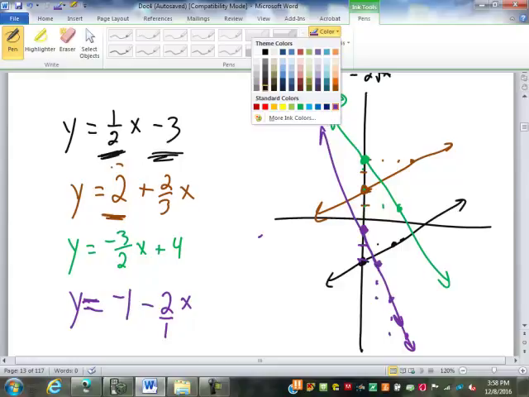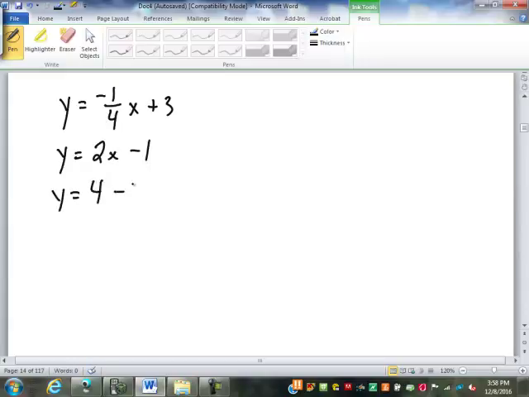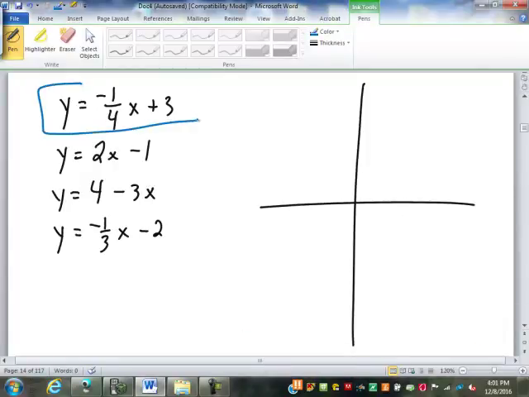So I want you guys to try some in your notes. Try those 4 quick. So the first one up here, where are we going to start?